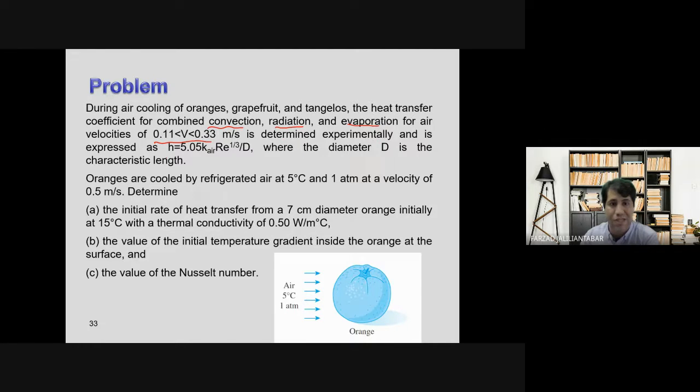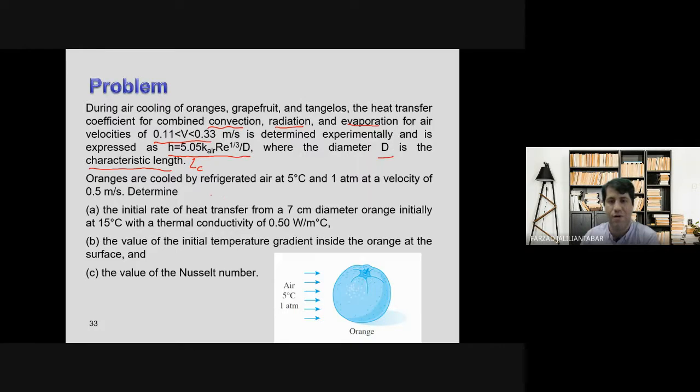So this h is determined experimentally for this range of the velocity of the air, where the diameter D is the characteristic length. If you remember, for the Nusselt number, we need to have this characteristic length.